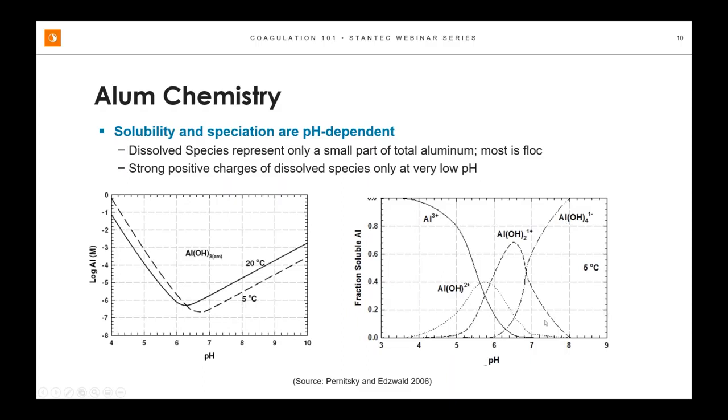And if you're operating up here at pH 7.5, the dissolved species in solution has a -1 charge. So you're getting a lot less bang for your buck at these higher pHs. I'll show you a graph later on that shows how the floc charge varies, and that's the most important, but this is just very illustrative of that pH effect.